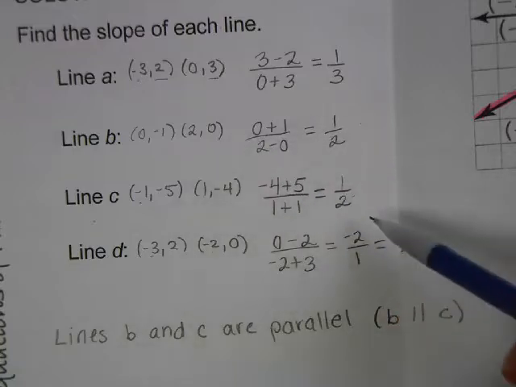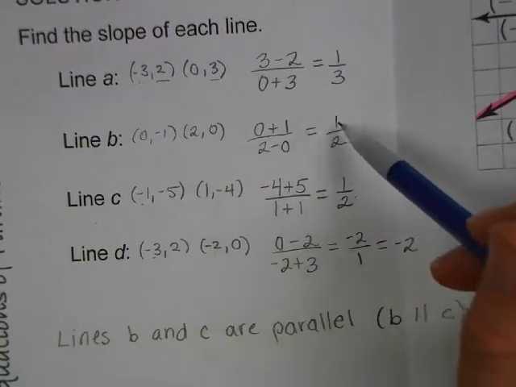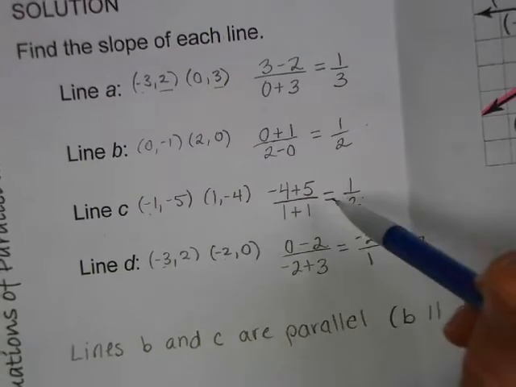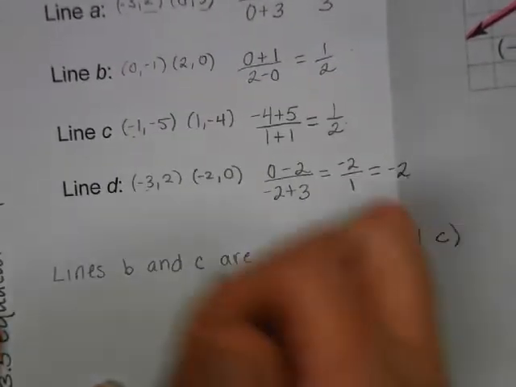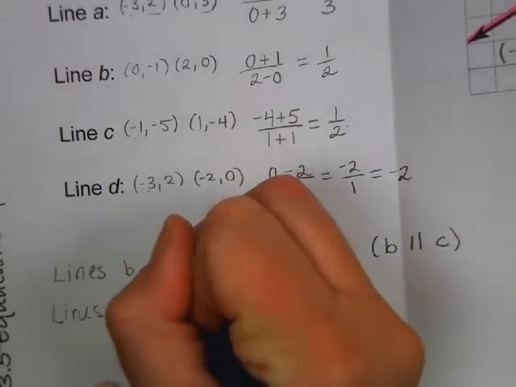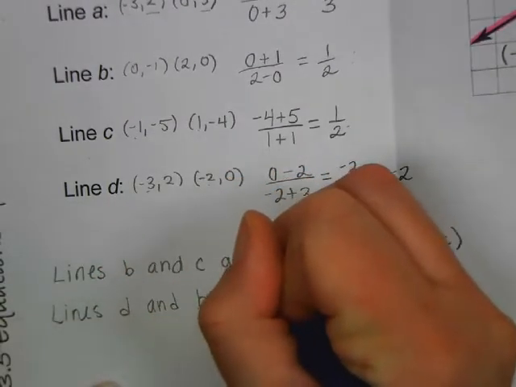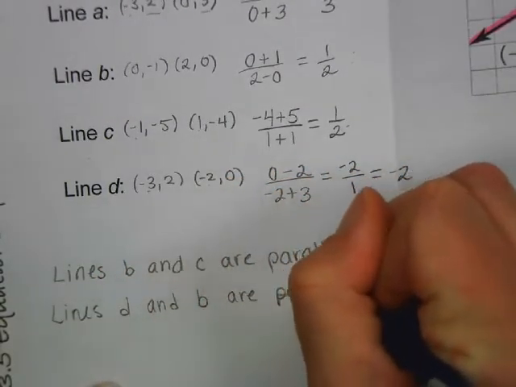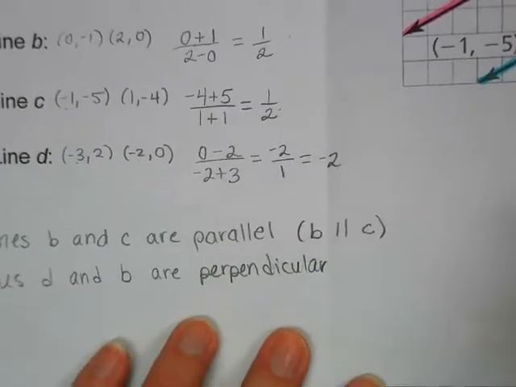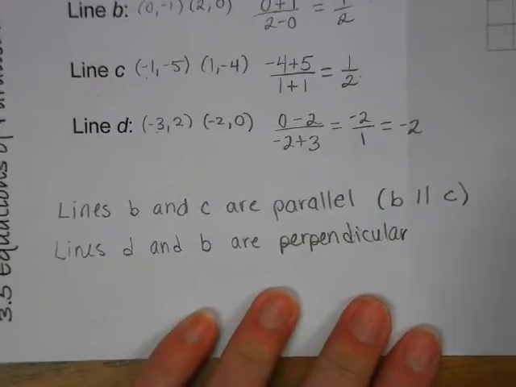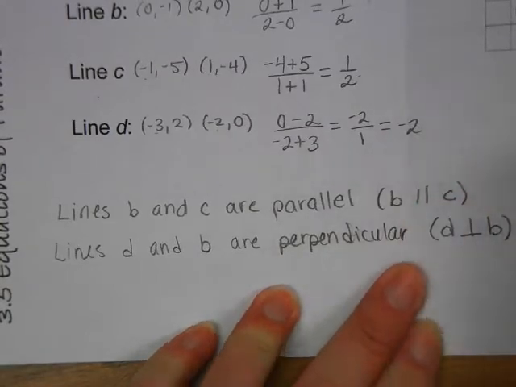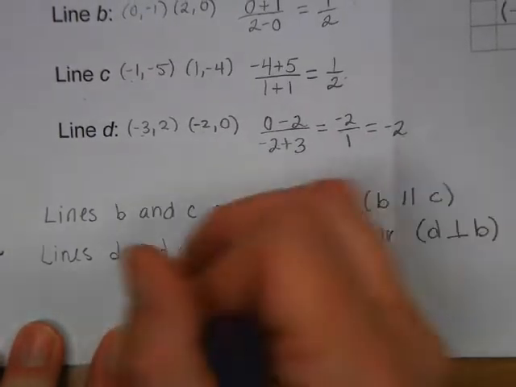That means that D is perpendicular to B, and D is perpendicular to C. So D and B are perpendicular, and you could put the perpendicular symbol down if you wish to do so.